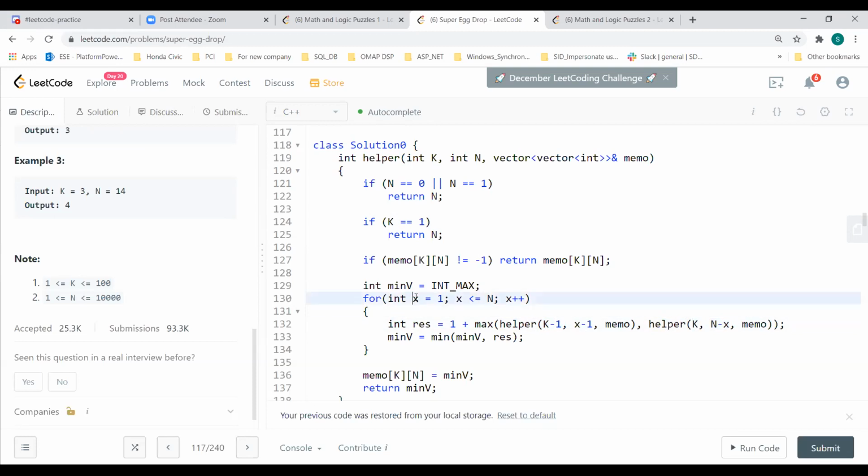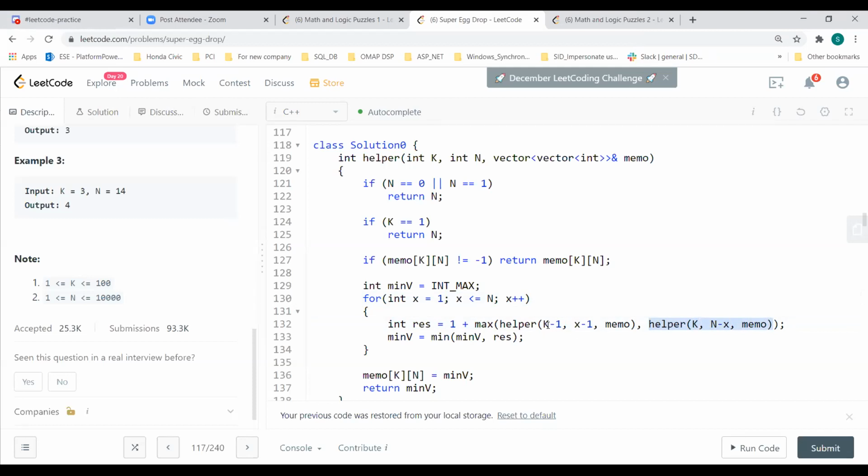So x is the floor which we are on, right? Whenever we keep on going from 1 to n, at each and every floor, we know that if at a particular x your egg is not breaking, you are left with n minus x floors. And therefore you have to explore only n minus x floors, right?